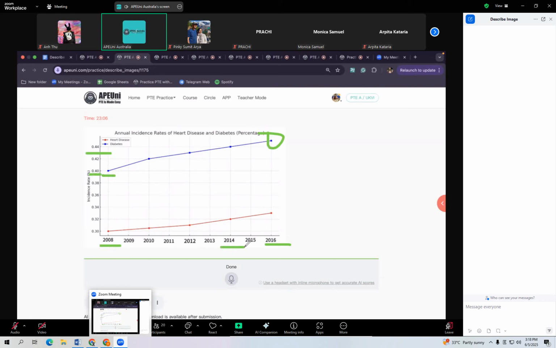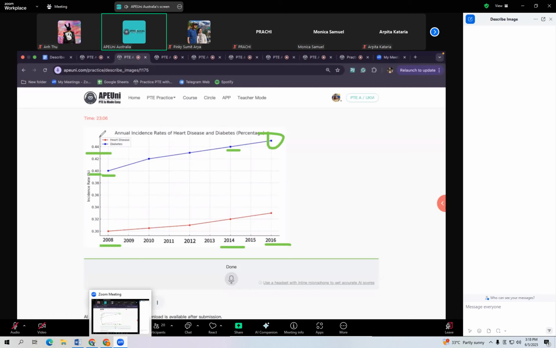I have it during 2014 and it's on the dot 0.44%. When it's not accurate, like for example this, right? It's more than 0.44. So you can say 0.44 and above, more than 0.44, a little bit higher than 0.44, or maybe almost 0.44. No problem. Say whatever comes easily to you, right?